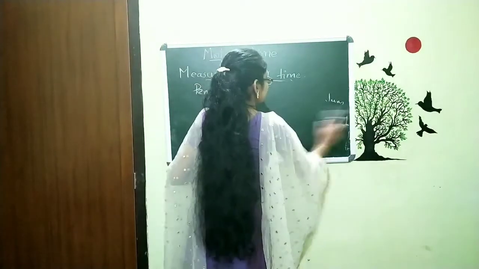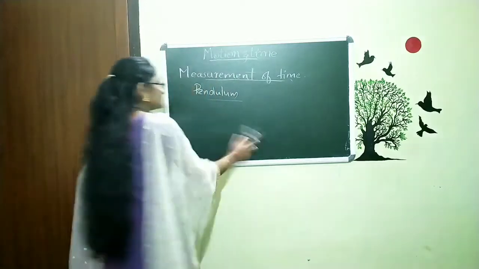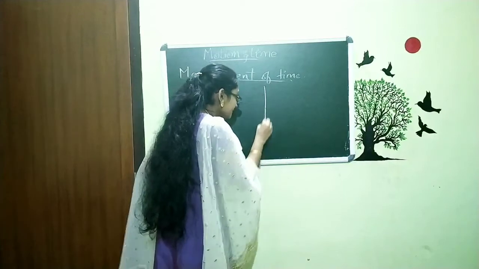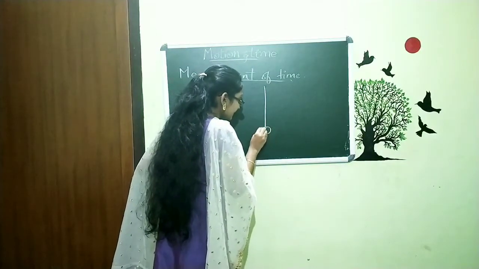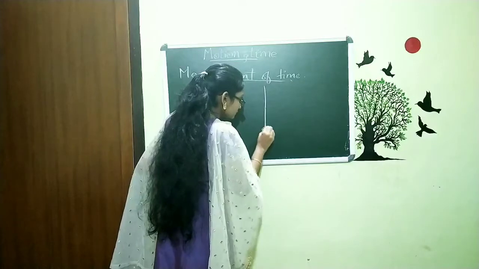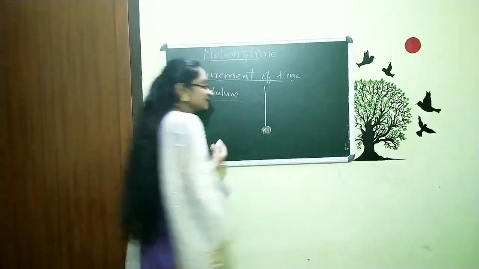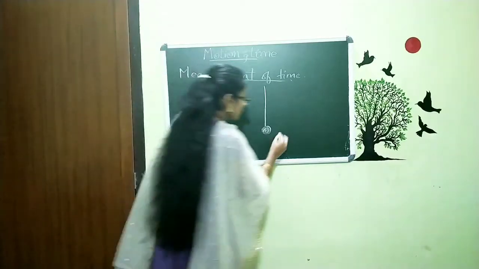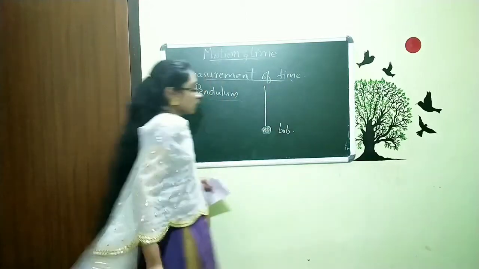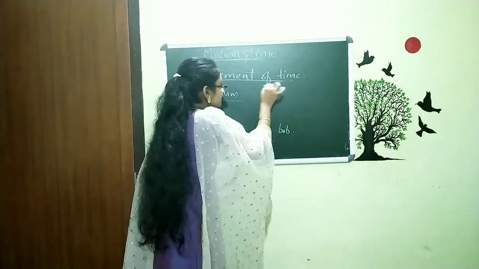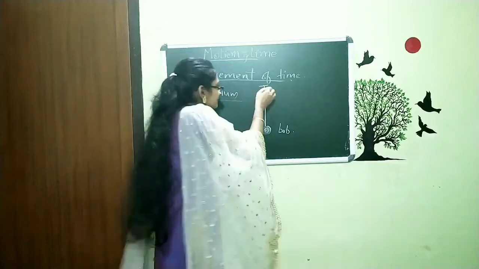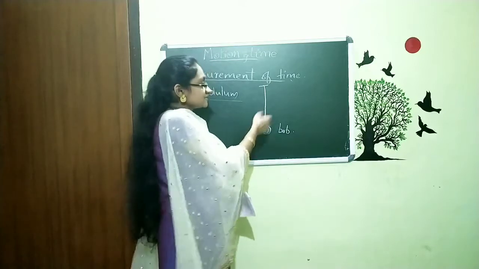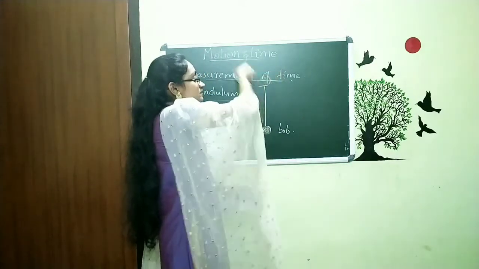What is the simple pendulum? The structure of the simple pendulum is very simple. It has one thread and it contains one ball-like structure at the tip of this thread. And we call this ball the bob. B-O-B, bob. This is a very fine thread, and we hang a bob at the tip of it, and we make it move.